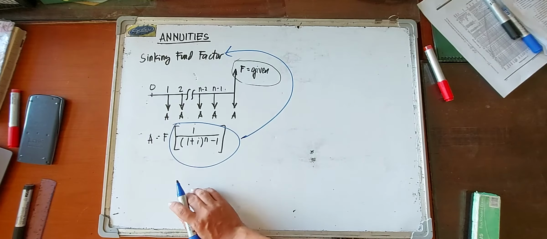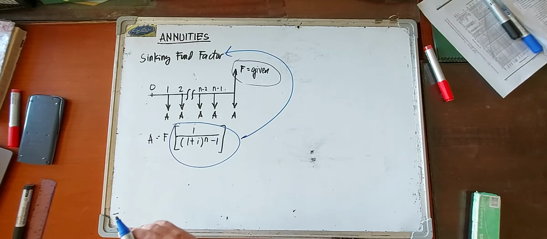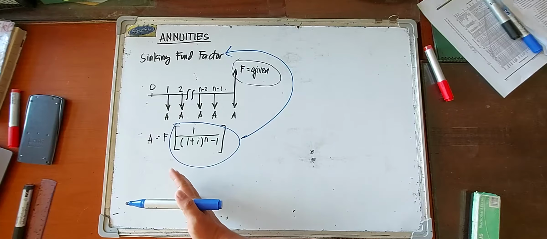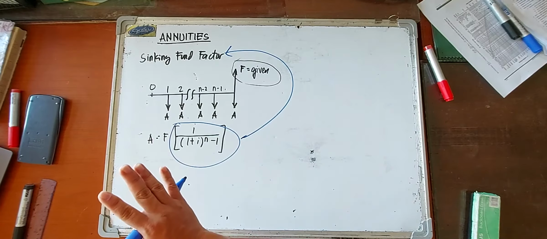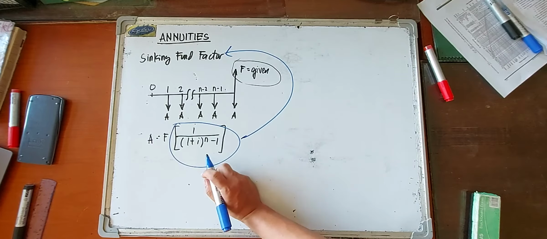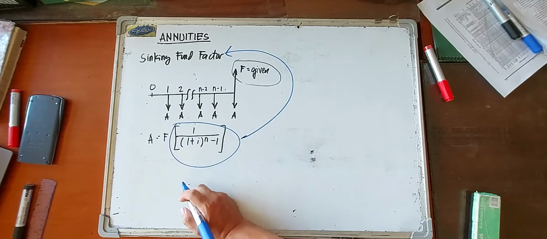So ito, importante rin ito when we try to solve later on yung mga nag-solve tayo ng mga depreciation values or cost. Later on we will be applying these concepts also. Okay, so we call this a sinking fund factor. Ito naka-enclose sa my brackets.